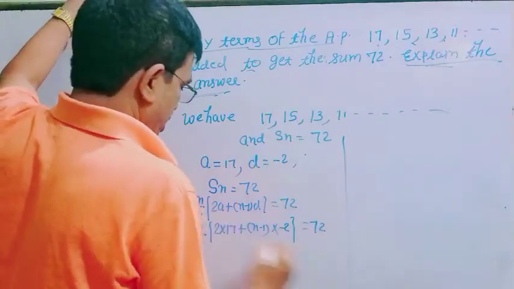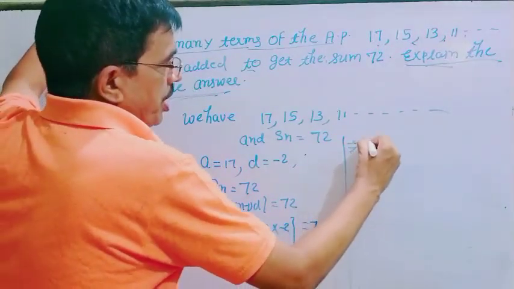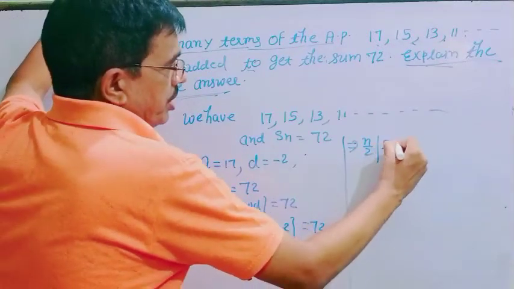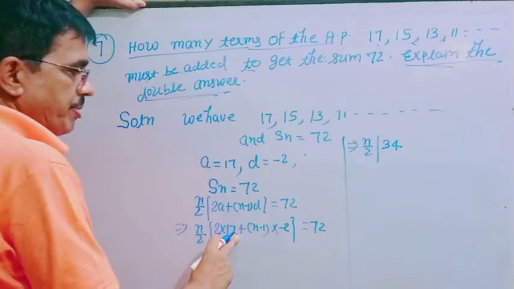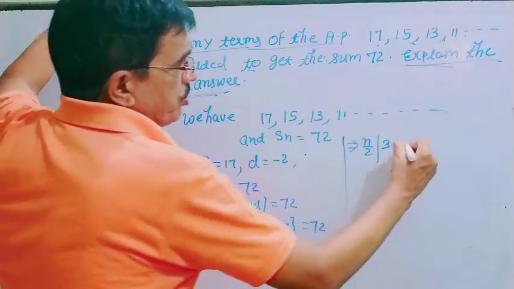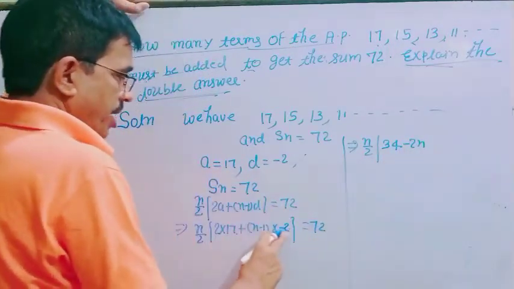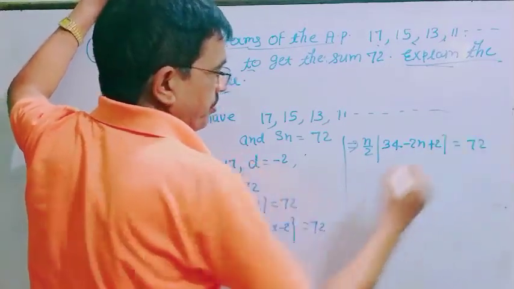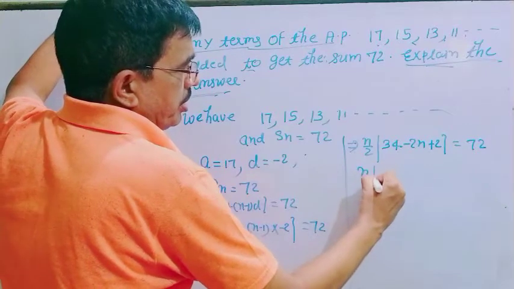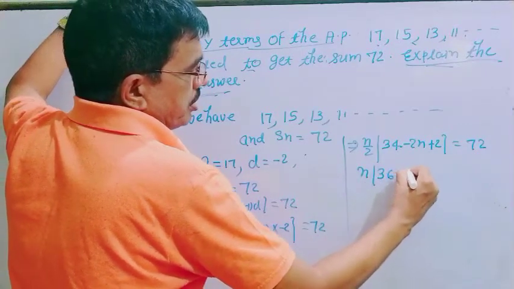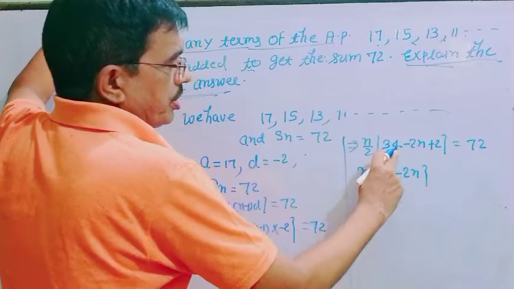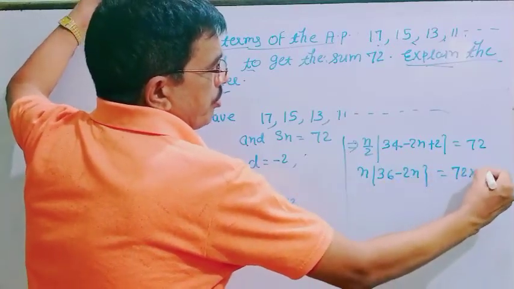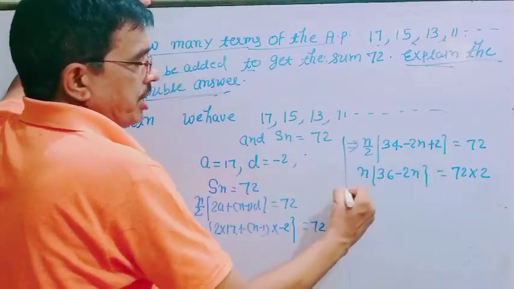So n by 2 into 2a means 2 into 17, 34, minus 2n plus 2, is equal to 72. Then n into 36 minus 2n is equal to 72 into 2. This 2 will go that side.